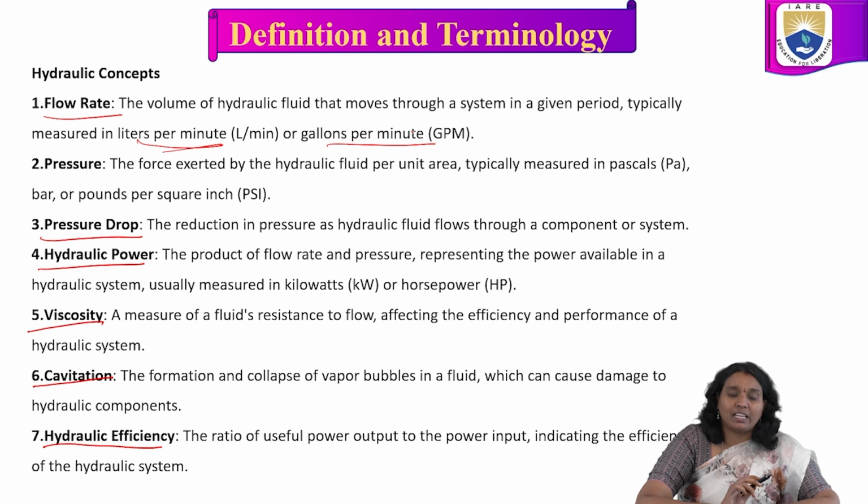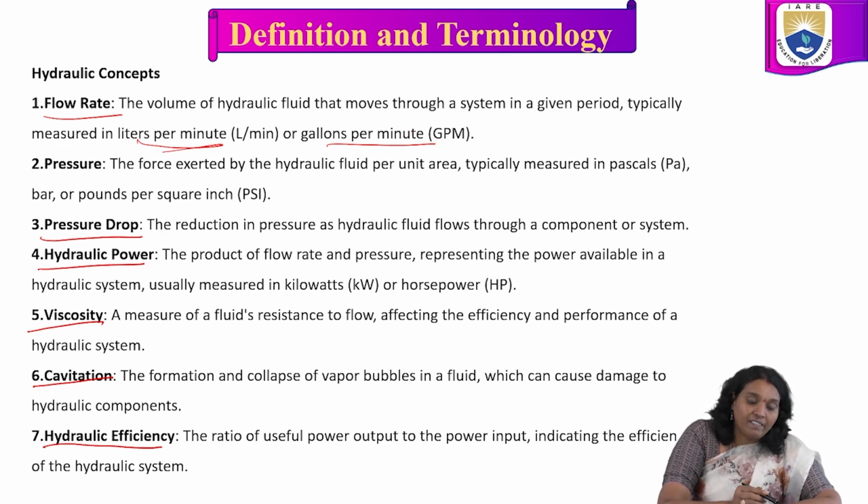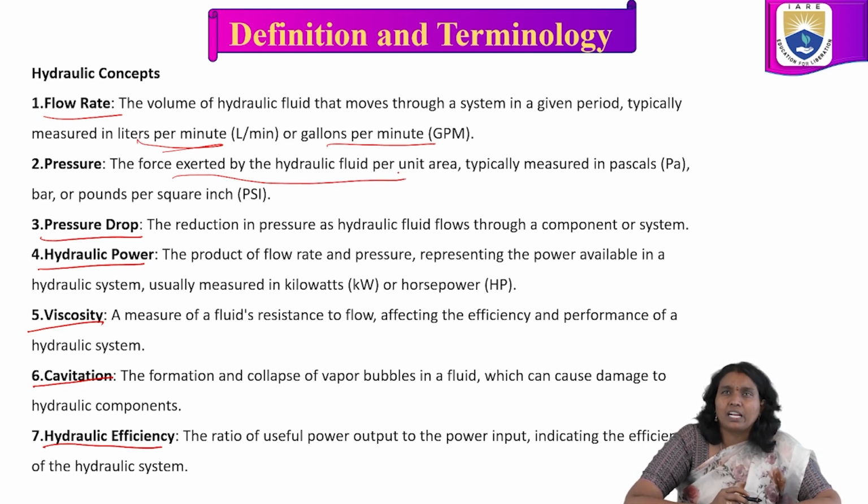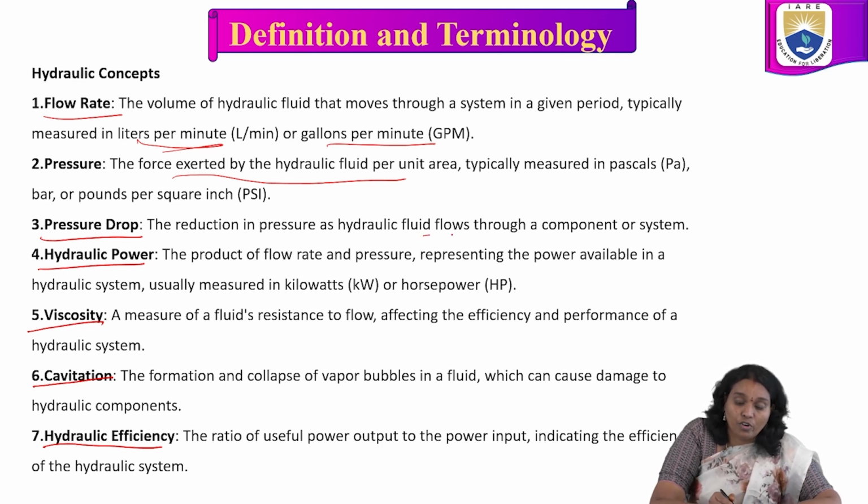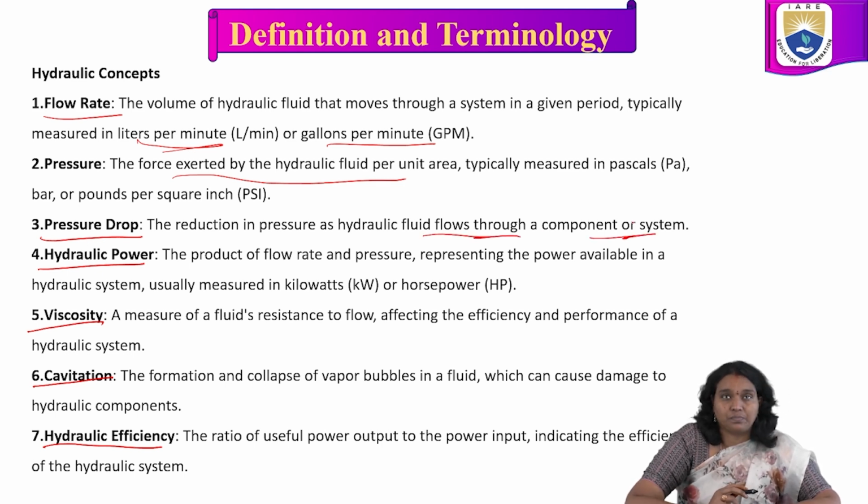That is nothing but the flow rate, that is also the discharge. Pressure, the force exerted by the hydraulic fluid per unit area, typically measured in pascals. The pressure drop, the reduction in pressure as hydraulic fluid flows through a component or system.